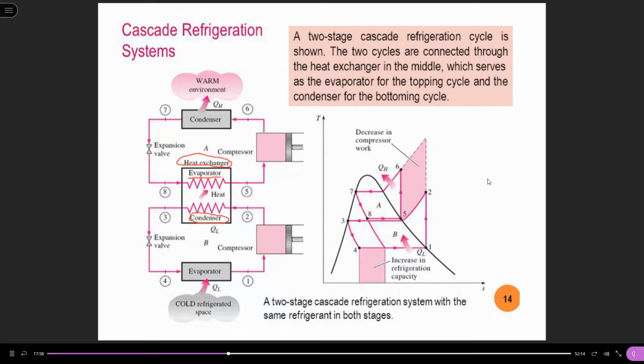The working fluids, the refrigerants, can be different and the mass flow rate can also be different. These two cycles are decoupled from each other.